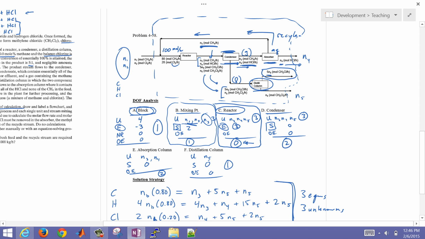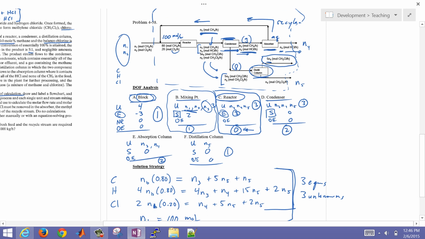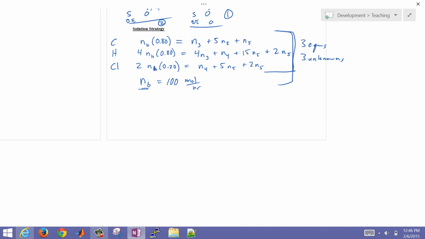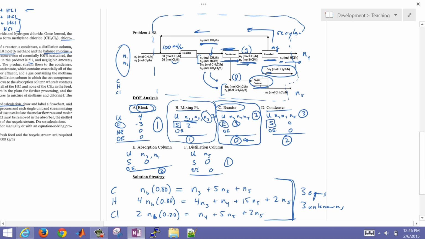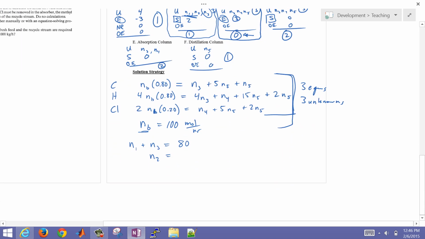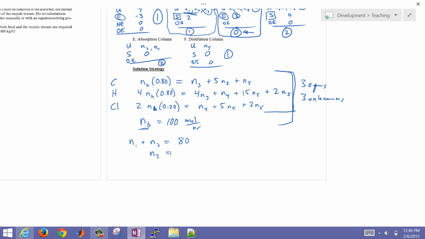And so this will tell us if we do the species balances around our mixer, then we'll get N1 and N2 as well. Okay, so I'm just going to come down here and do N1 plus N3 equals 80. Okay, and then N2, this is just going to be for the chlorine gas. Okay, N2 equals 20.